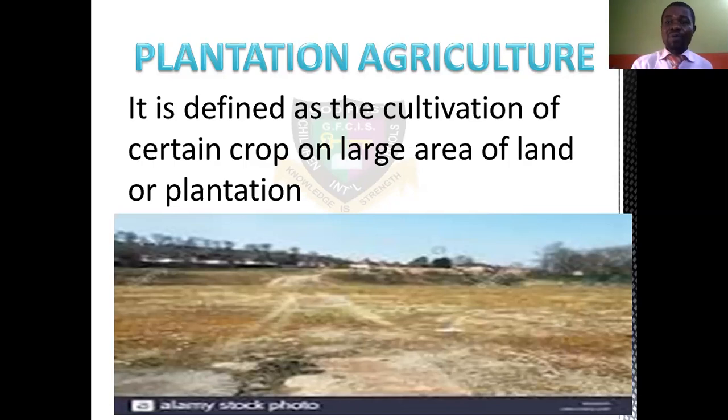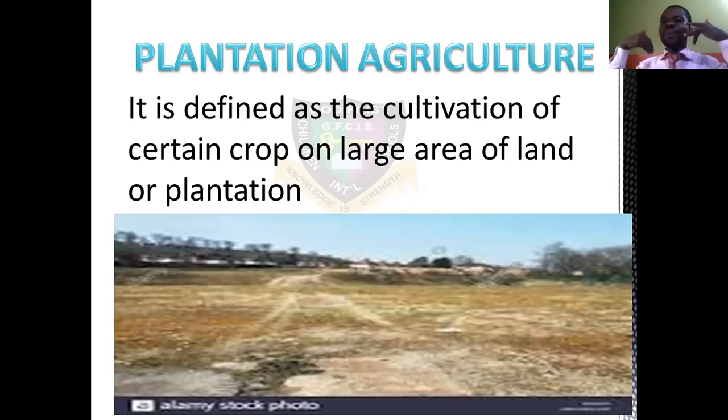That means mono. If you see this big land area, if it is rubber you are planting here, let it be rubber all through. If it is cocoa, just plant cocoa all through. If it is oil palm, let it be oil palm all through. Remember, this time it is a large area of land. When you get there, you know that this is truly a plantation.